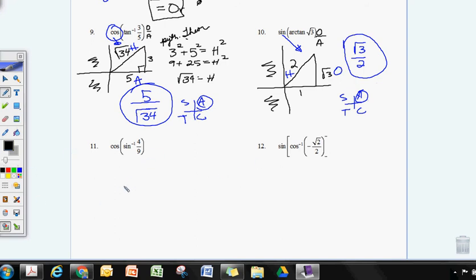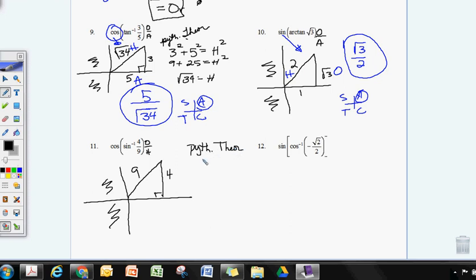Last one. I have a sine. Sine is found in quadrants 1 or 4. It's positive, so I find it in quadrant 1. Sine stands for opposite over hypotenuse. Opposite is 4, hypotenuse is 9. I need to do the Pythagorean theorem to solve for that missing side. So 4 squared plus x squared is going to equal 9 squared. So x squared is going to equal 81 minus 16.